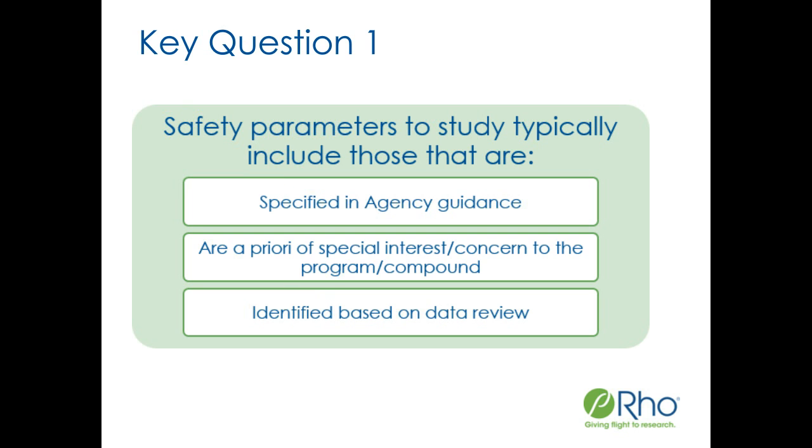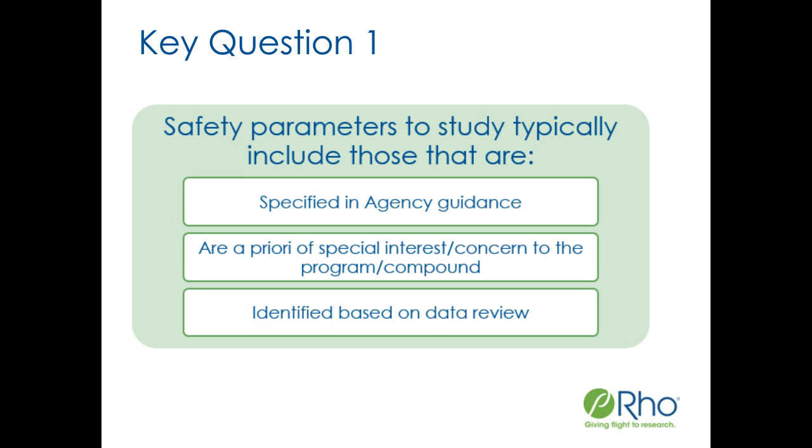So there's a lot specified in agency guidance on what safety parameters you should look at. There are also going to be AEs of special interest based on your indication or based on the class of drug or your compound. And there are also going to be things that come up throughout the studies that make you want to look further into it to make sure you're not seeing trends across studies.